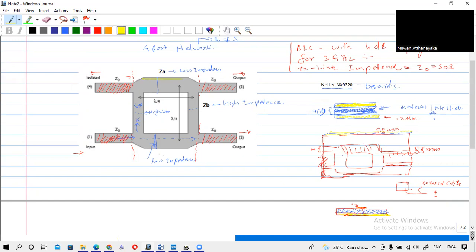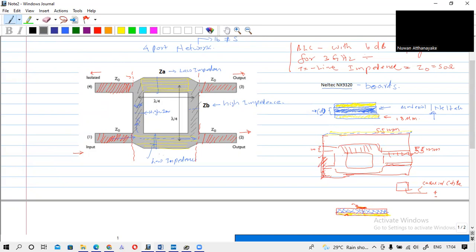And we have this low impedance section inside the branch line coupler. We have this high impedance section, and this section also high impedance. And we have a low impedance section here, and also another low impedance section.